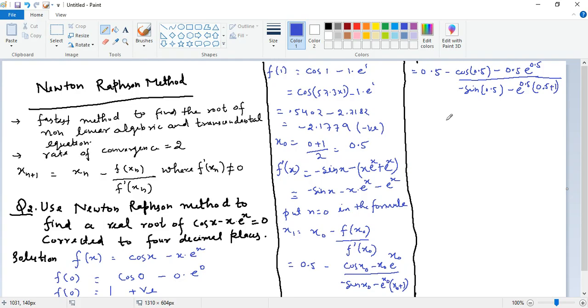Okay, so you have to multiply 0.5 in the trigonometric function to change the radian into degree.